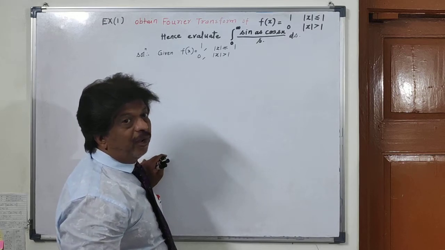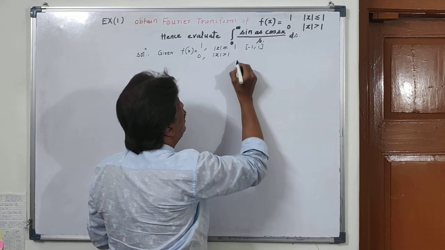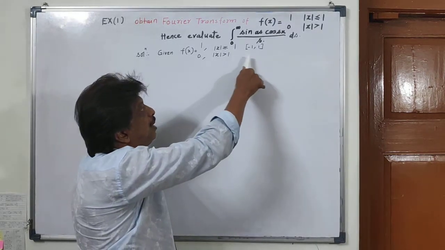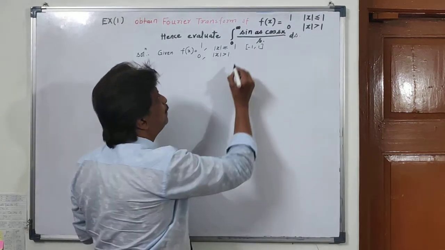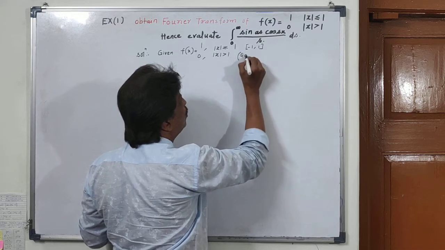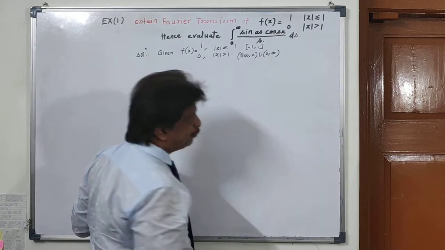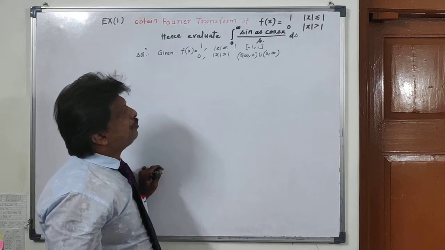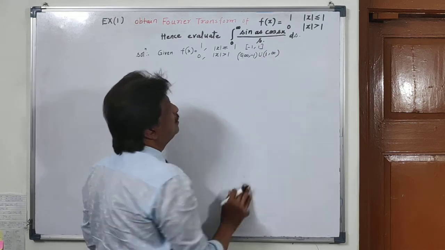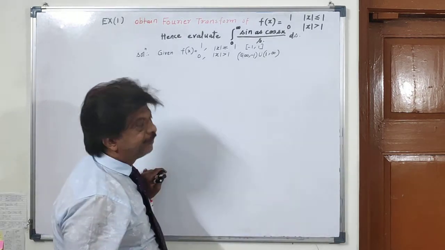Mod of x less than or equal to 1 means it is the closed interval minus 1 to 1. And mod of x greater than 1 means the interval which is the complement of this interval, that is, minus infinity to minus 1 and from 1 to infinity.